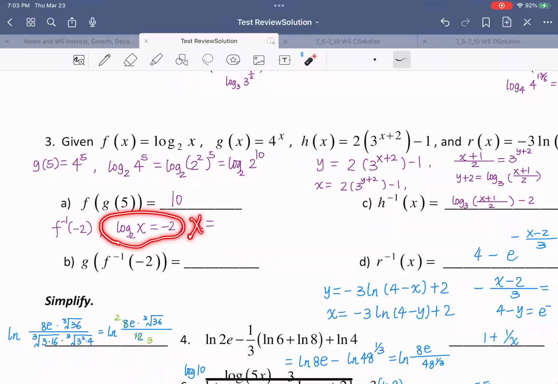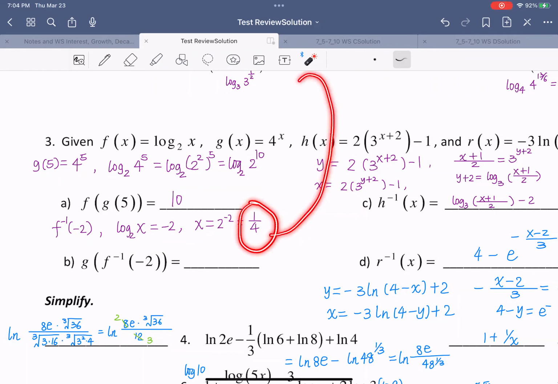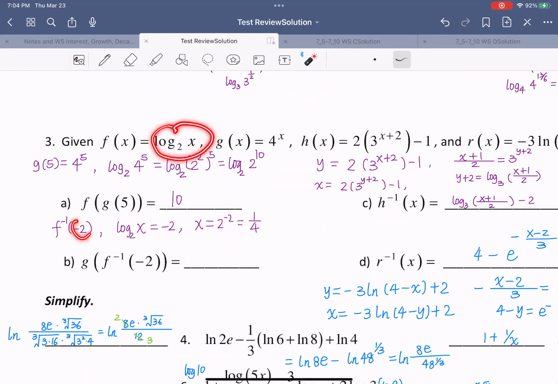Okay. This is the base. So this guy to the power of -2. Make sense? Yes. So this is 2 to the power of -2, which is 1/4. Okay? 1/2 to the power 2 is 1/4. And then you will use this guy as an input to this, correct? Yes. When they give you F inverse, you make this output equal to this guy.